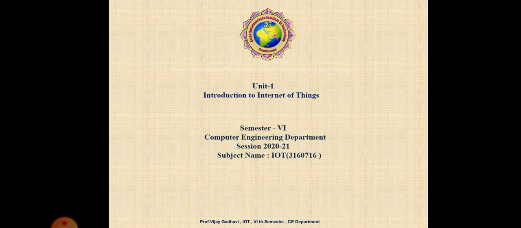In unit number 3, we cover protocols for IoT. This is basically network fundamentals, in which you learn messaging protocols, transport protocols, and what you already covered in the network subject: Internet Protocol version 4, version 6, and URI.